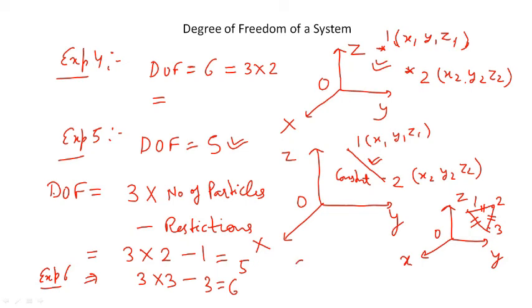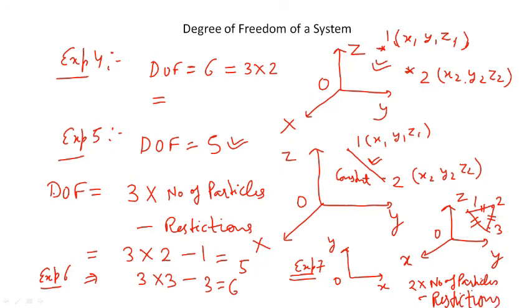Now I am taking the other example. Here we have considered three-dimensional space, but if I consider a two-dimensional space, then you have to remember this formula for the degree of freedom: it will be 2 into the number of particles minus restrictions.